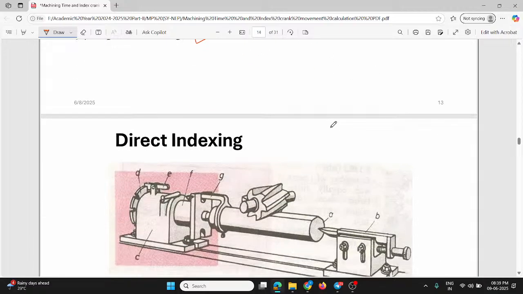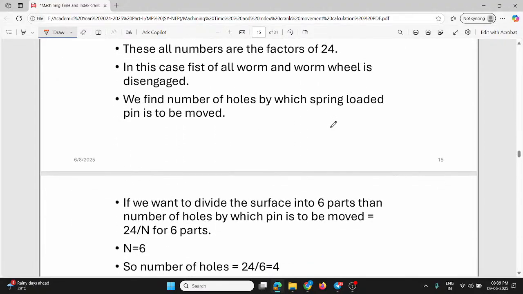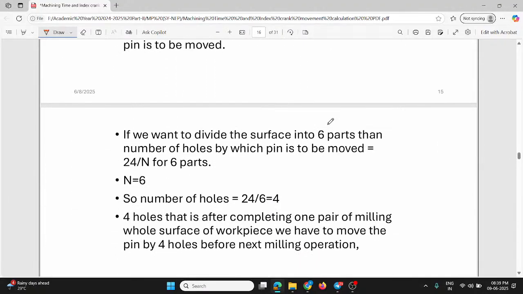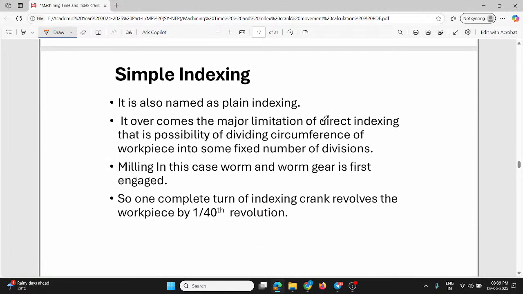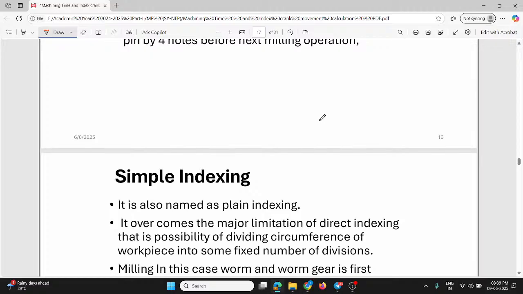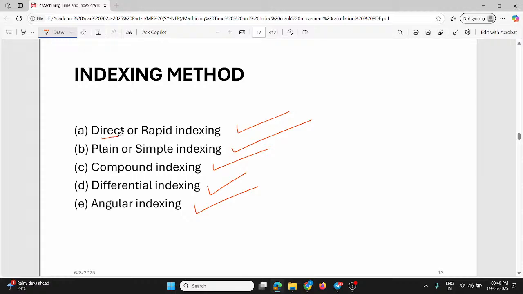Directly we will discuss how to calculate the index crank movement. For each method there is a formula to calculate the index crank movement. If it is direct or rapid indexing, then the formula is nothing but equals to 24 divided by n.